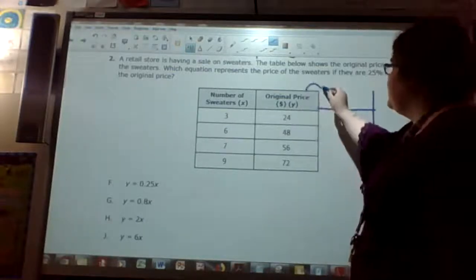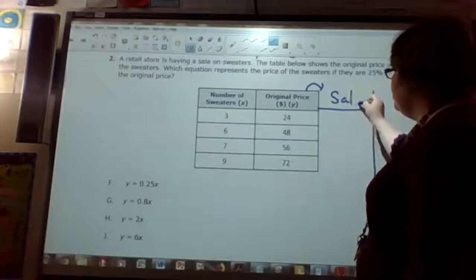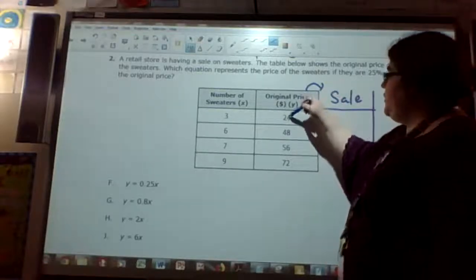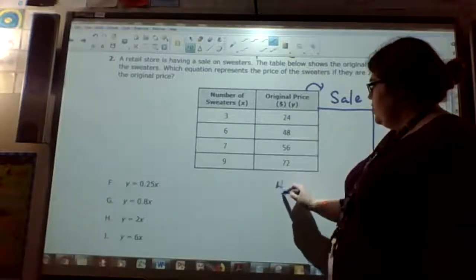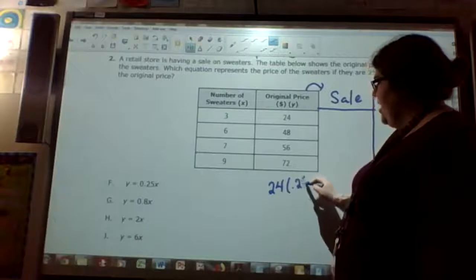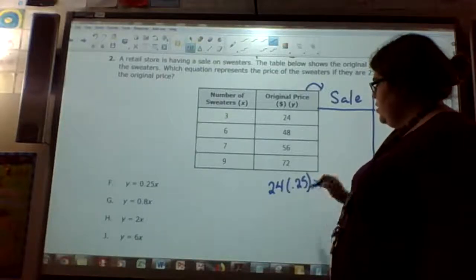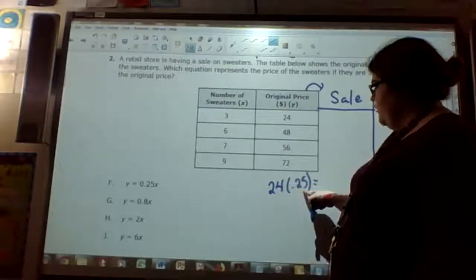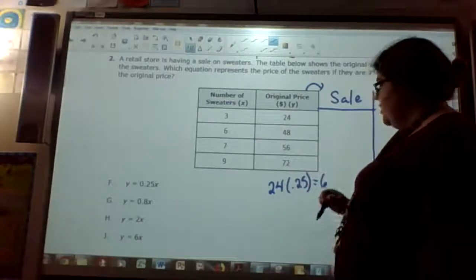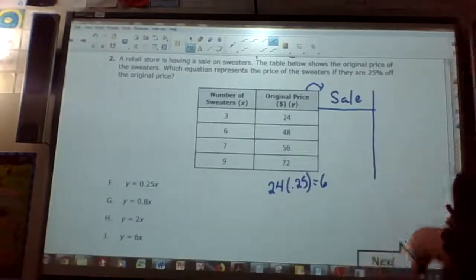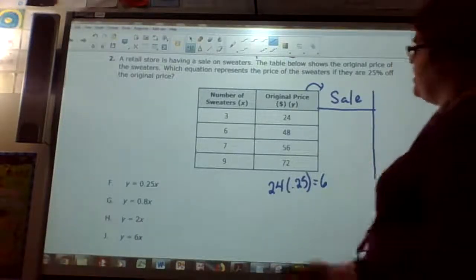So 25%, this will be the sale column, which would mean I'm taking 25% off of 24. So 24 times 0.25 would give me, a fourth of 24 is $6. So I'm taking $6 off. So I want the equation for the price if there's $6 off.